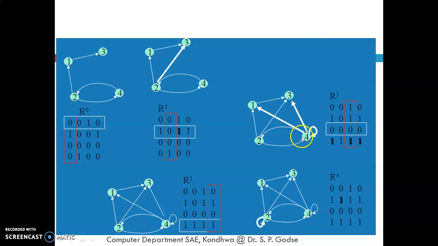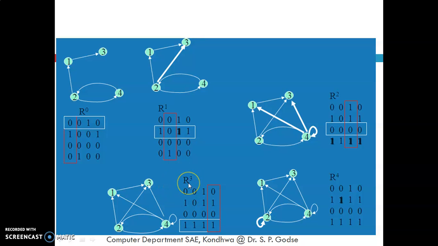For this pair, 4 should be related with 4, therefore this self edge is added. Then 4 is related with 2 and 2 is related with 3, therefore the 4 is related with 3 edge is also added. So these 3 new ordered pairs will be added in this R2 matrix. So take this as an input for the next iteration.